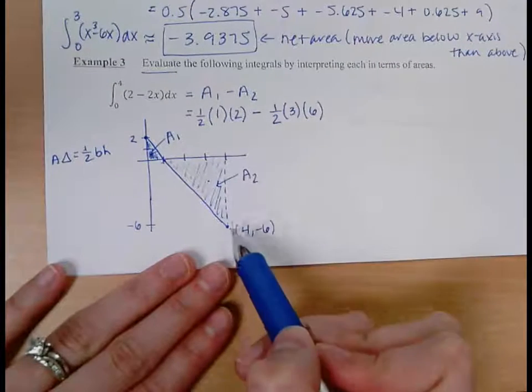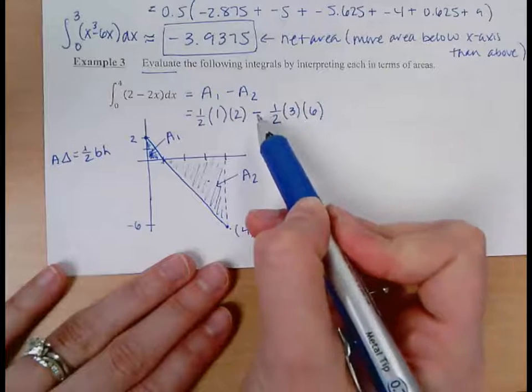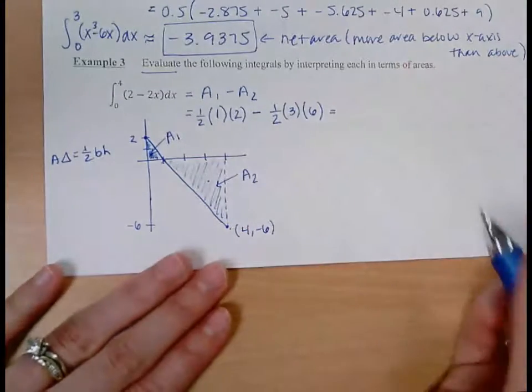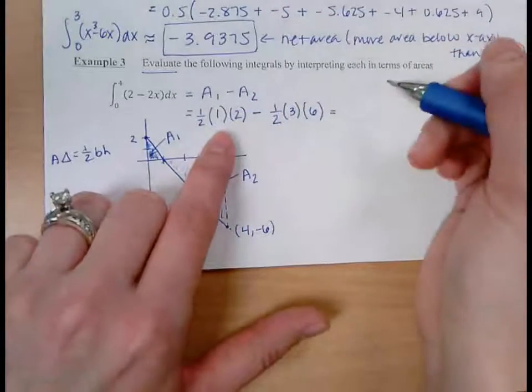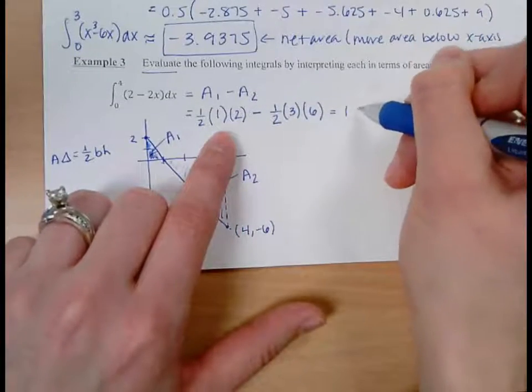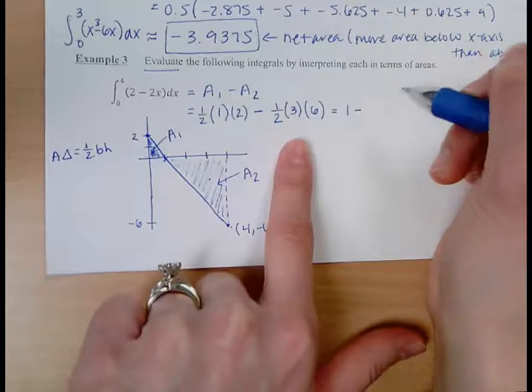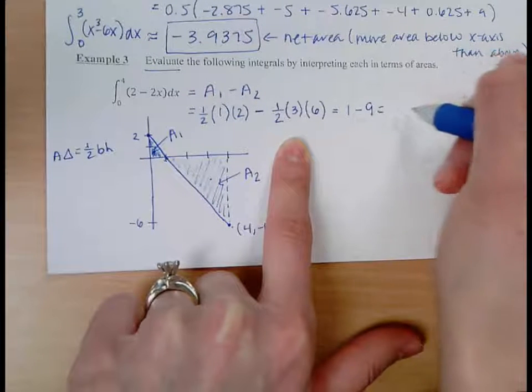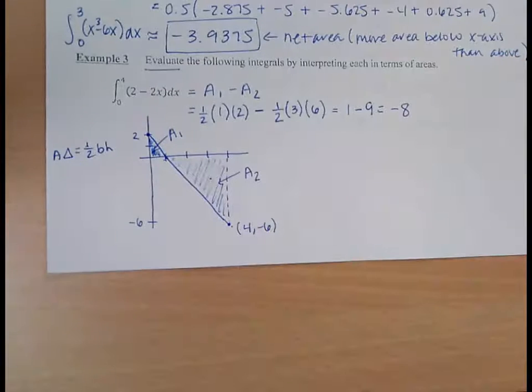If you said the height was -6, then make sure you're adding these. So then the area of the first triangle is really just 1 minus the area of the second triangle is 9. So the exact value of the integral, the net area, is -8.